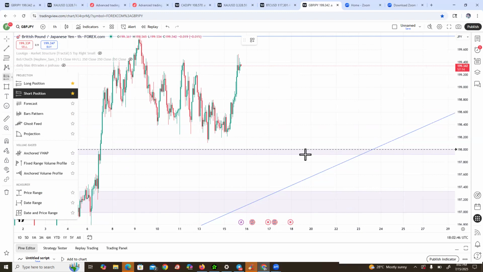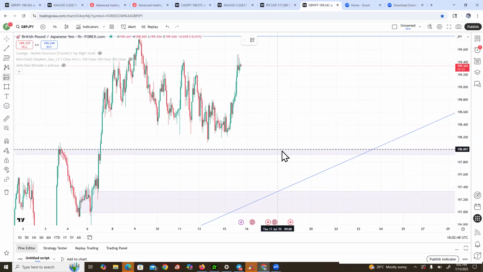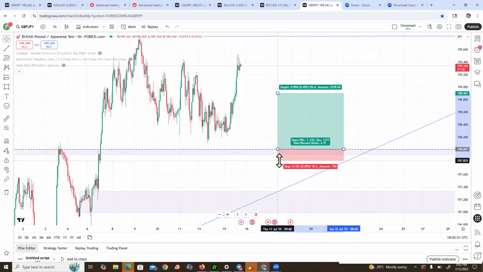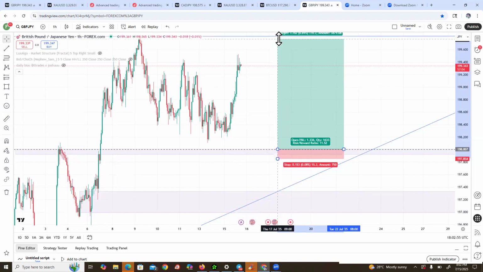Now, basically, you won't be looking for anything sell for now. All you'll be looking for is buy, because you might decide to sell from here, this other block here.